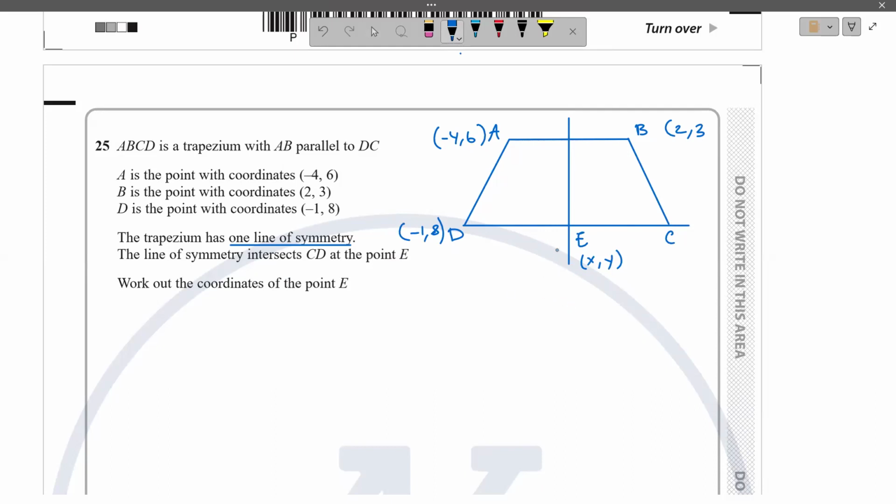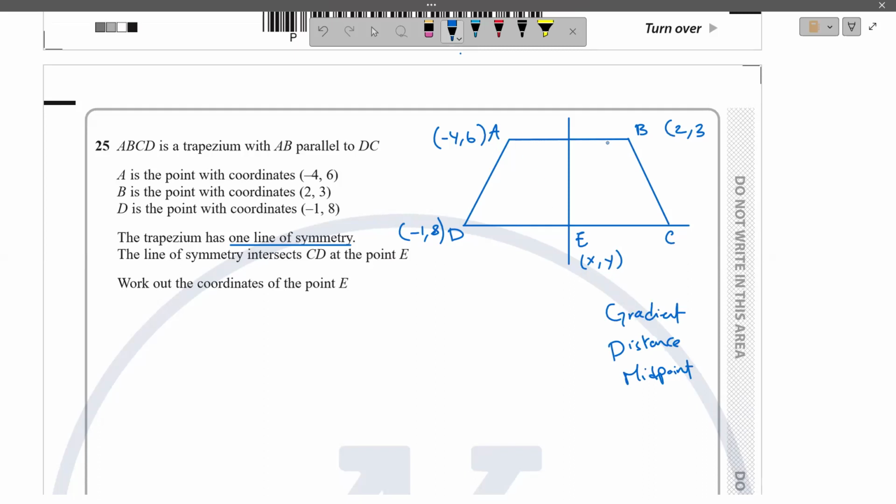As it's a coordinate question, we have three rules that we can use: the rule of the gradient, distance, and midpoint. In this question, we have two variables, X and Y, so I need two equations.